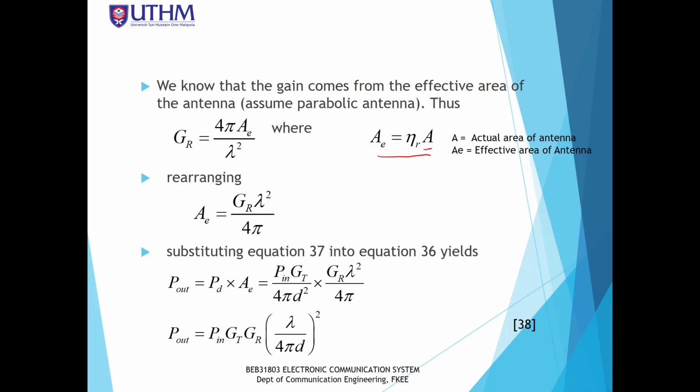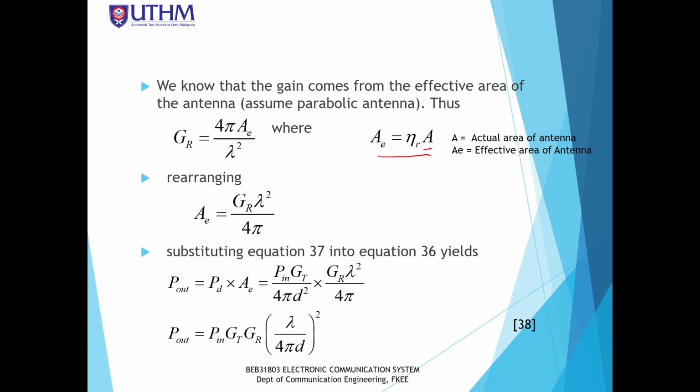The actual size. So effective area, you know that in your syllabus, the area of the antenna is assumed to be a circular shape. In your syllabus, we are actually using the parabolic antenna, where we assume that the surface of the antenna is in a circular form.